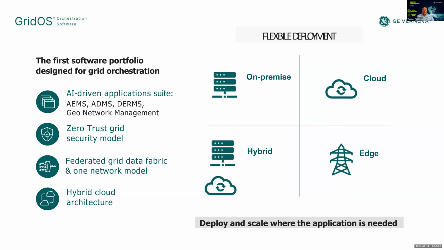GE Vernova's GridOS software portfolio offers both software product and deployment flexibility that balances utility requirements, compliance obligations, and cutting-edge technology. GE Vernova respects the compliance environments in which our many customers around the world operate, including NERC CIP, while providing the leadership, innovation, and vision to support growth and sustainability.